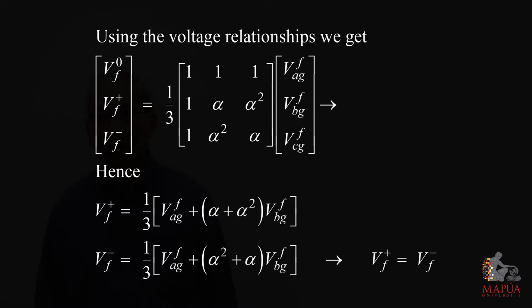Thus, it will give us the relationship between the positive sequence and the negative sequence voltage at a fault condition. So, VF of the positive sequence is equal to the negative sequence of the voltage at the fault.